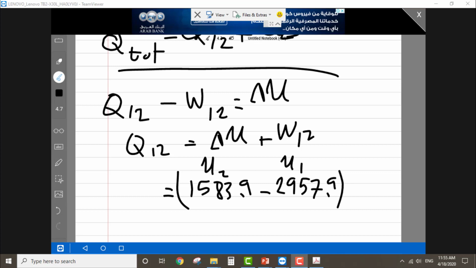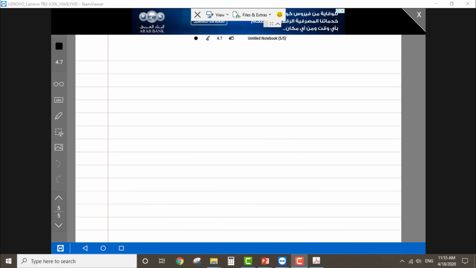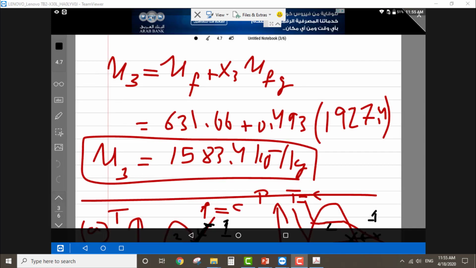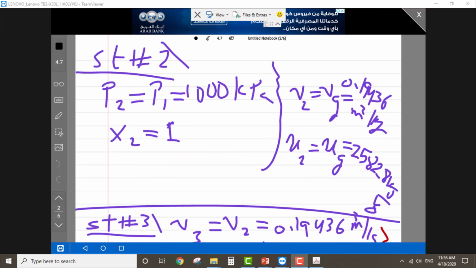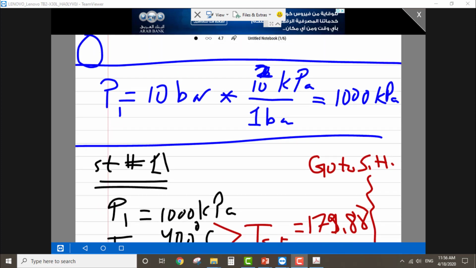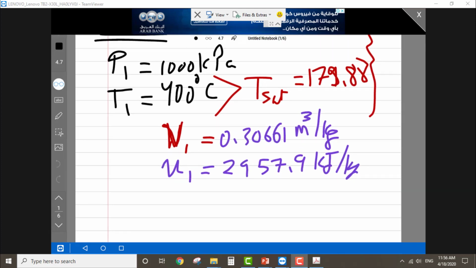So if I go back to show you these values, let's go back. So let me go down. Here is U1, and where is U2?